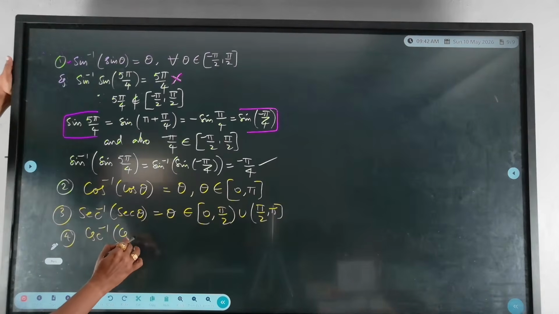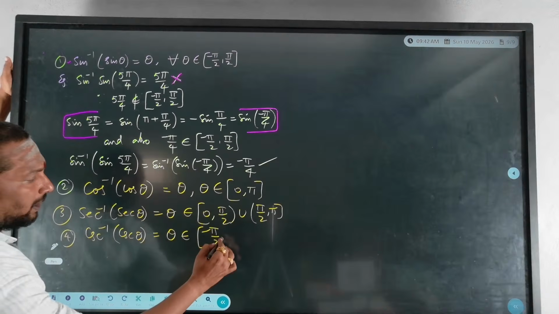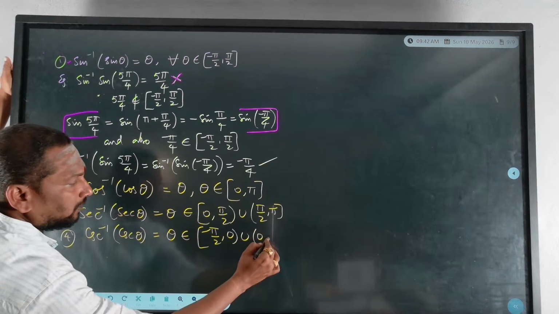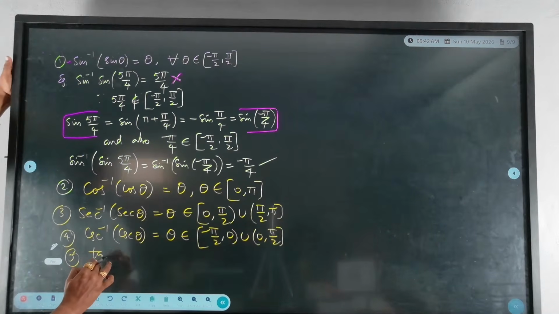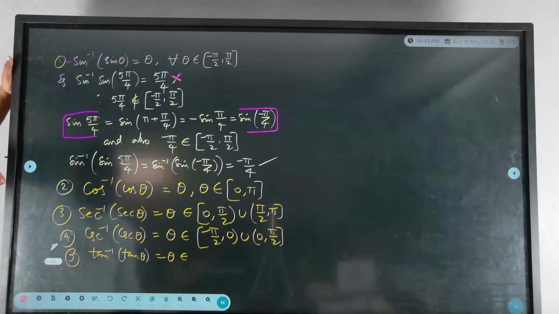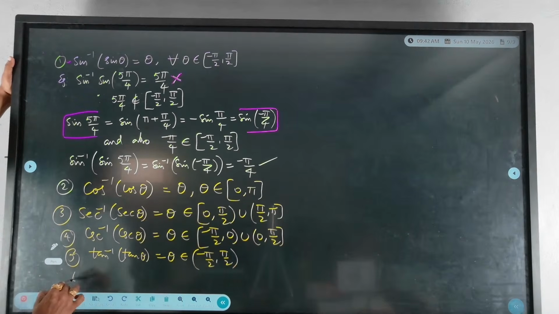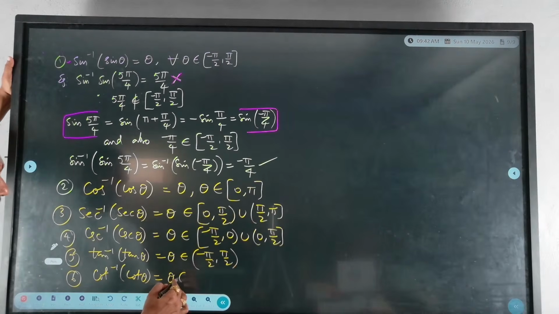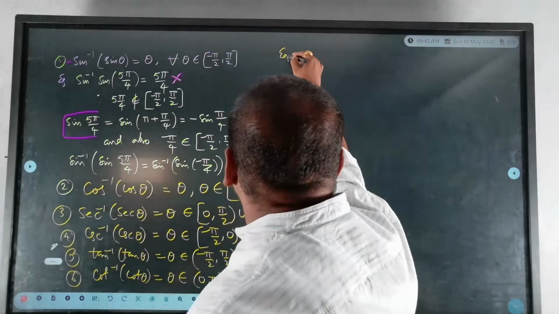Cosecant inverse cosecant theta, theta belongs to minus pi by 2 to 0 union 0 to closed pi by 2. Tan inverse tan theta, theta belongs to open minus pi by 2 to pi by 2. Cot inverse cot theta, theta belongs to 0 to pi.